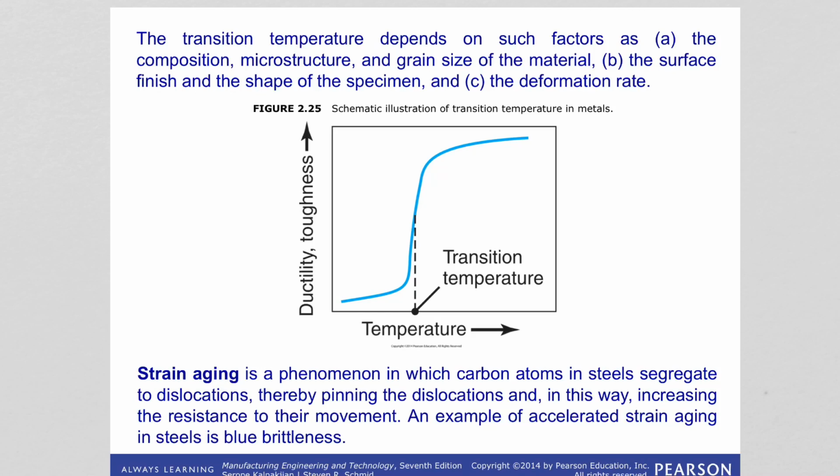So there is this temperature which is very important. It's called the ductile to brittle transition temperature. Below this transition temperature, materials behave as brittle materials. Of course, this is for some metals, okay?